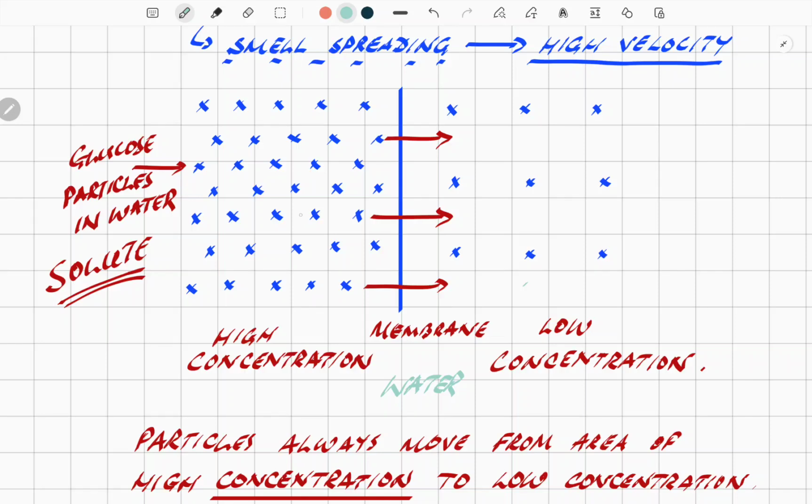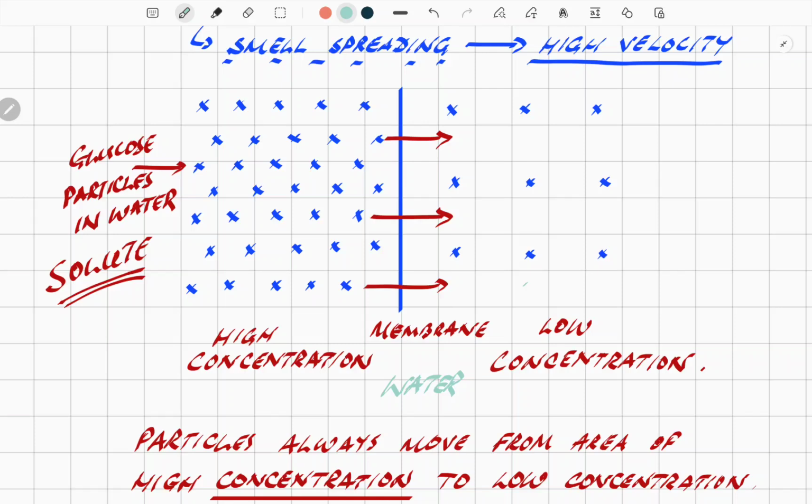Because here, on the left-hand side, you've got, proportionately speaking, much more of the solid particles relative to the water. On the right-hand side, you've effectively got fewer of the solid particles relative to the water. So the water is actually, there's effectively more of it on the right-hand side.